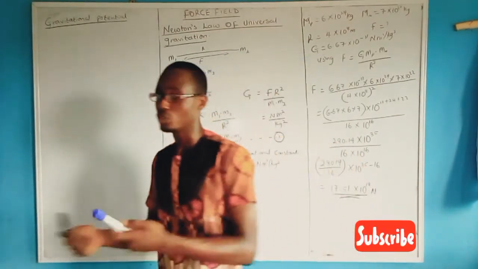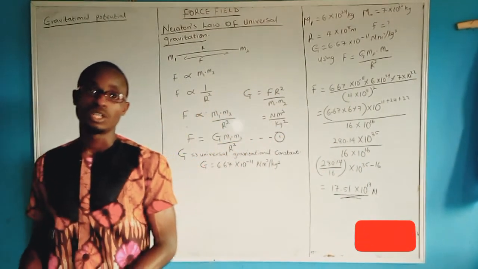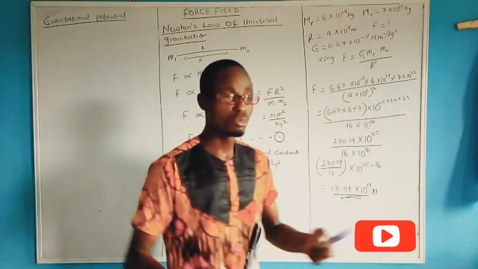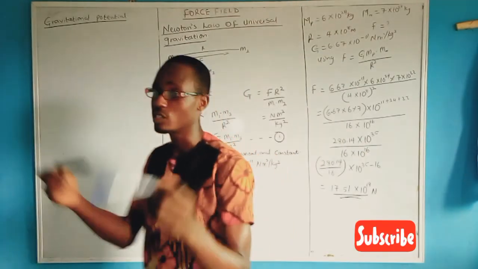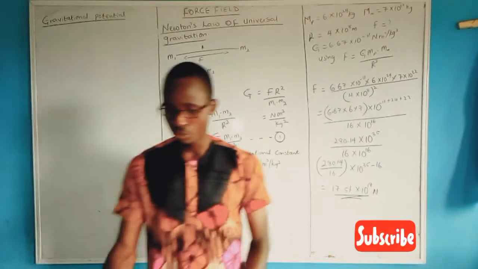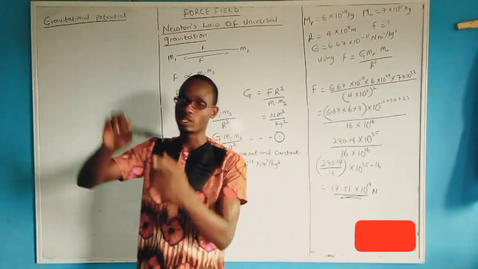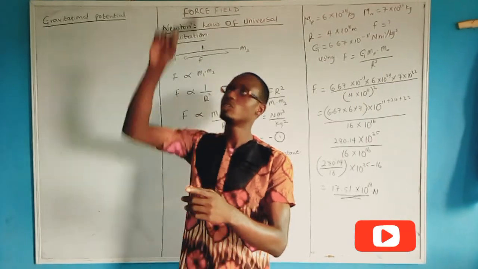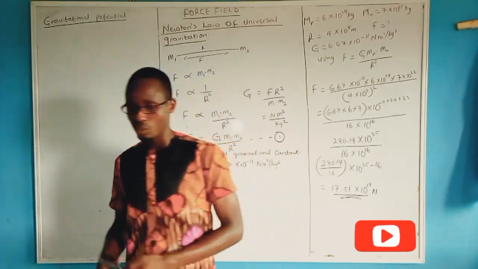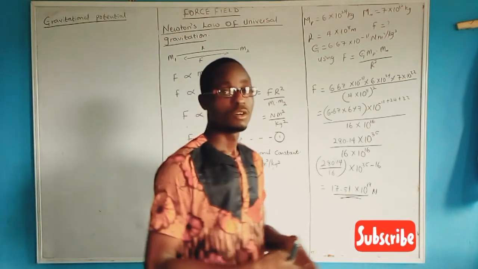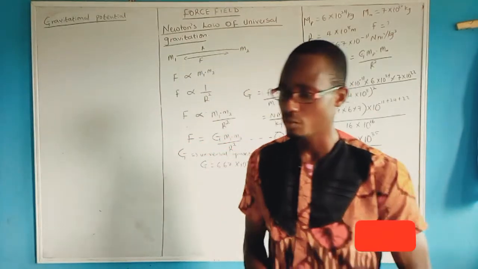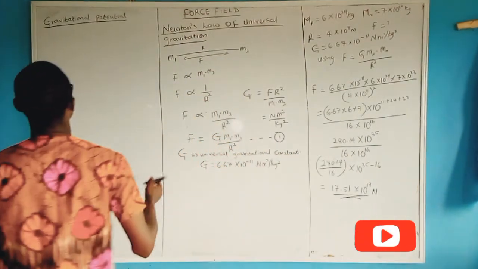There is work done in doing that. If you are to move a body in a gravitational field, definitely you are going to work against gravity. Taking this body right from here to this point, at least this is the gravitational field, moving it against gravity, work will be done anyway. So we define it as the work done in moving a body from one point to another in a gravitational field, and it is denoted by V.